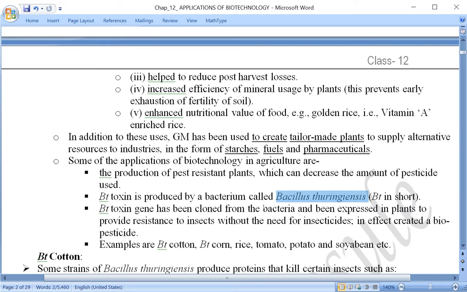The toxin, a poisonous substance, is produced by this bacteria Bacillus thuringiensis. This gene has been isolated and then inserted into the plant, so that the plant is able to produce this toxin naturally in all parts of the plant.